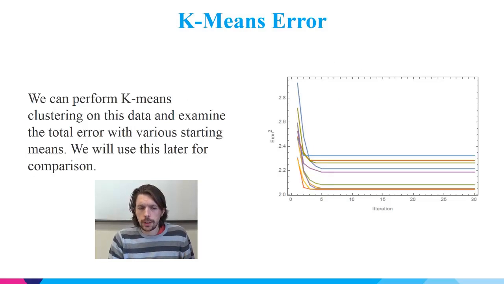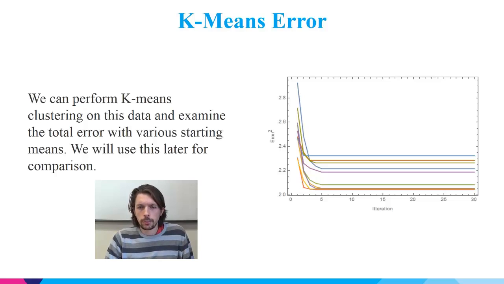So first we can apply k-means clustering to this data. We can choose a number k which is equal to the number of clusters that we have, and iterate the method. I've not described the method just yet, but I will do that shortly.